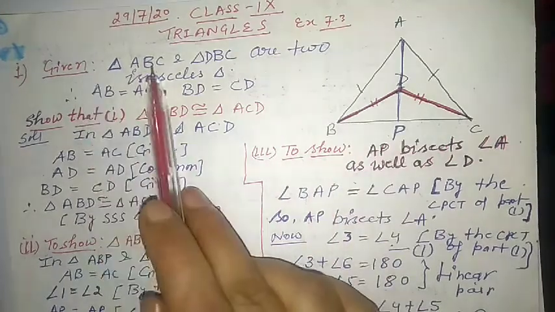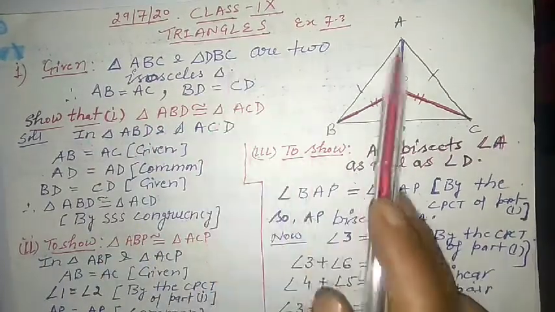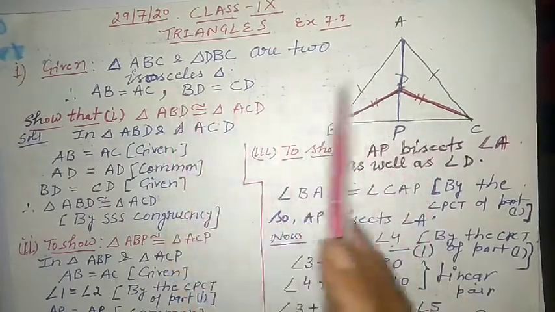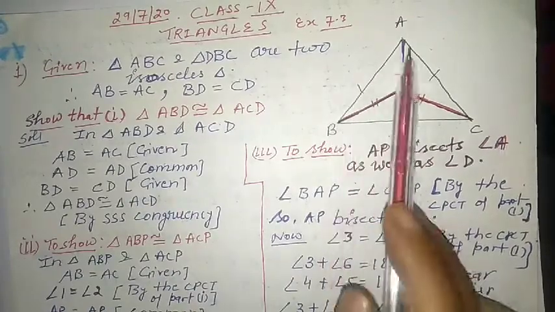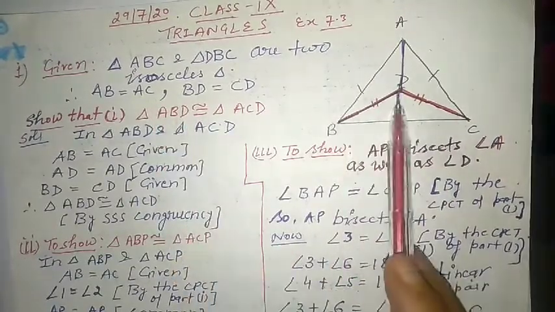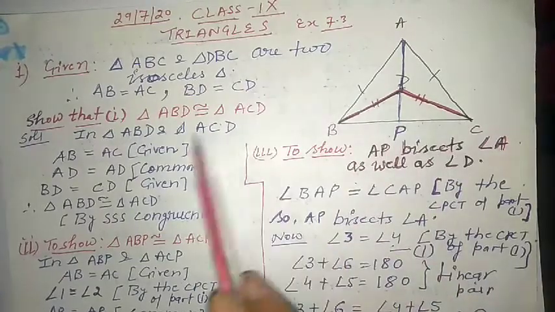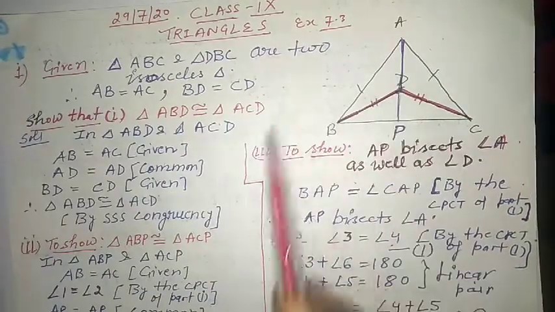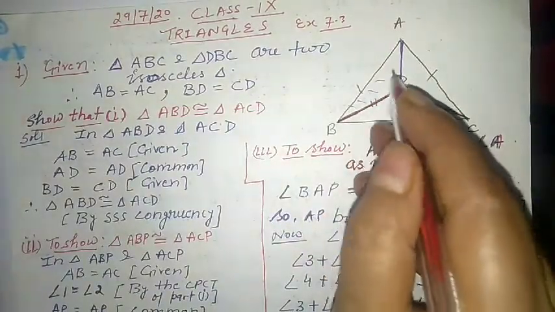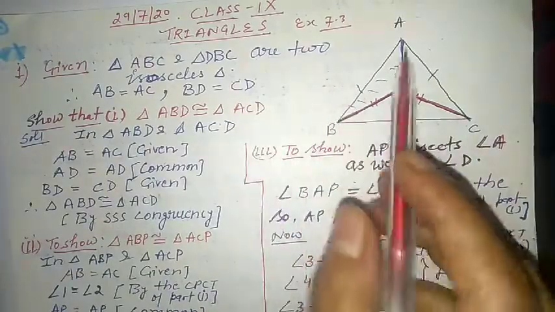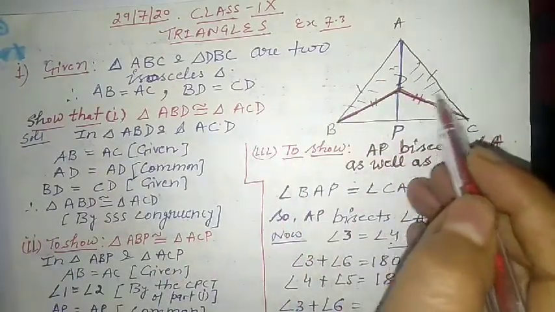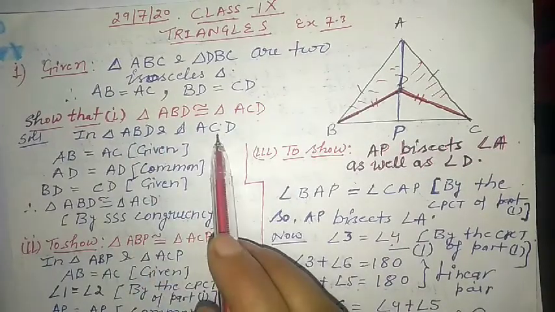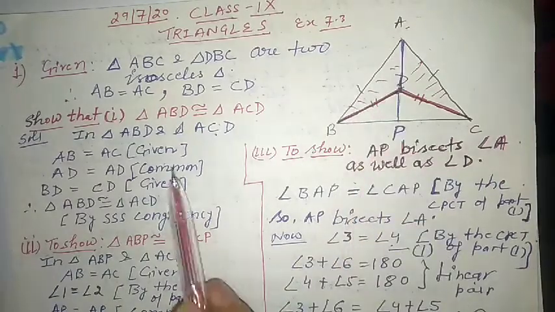Here it is given that triangle ABC and triangle DBC are two isosceles triangles, which means AB is equal to AC and BD is equal to CD. This is given here. Now the first part, we have to prove that triangle ABD and triangle ACD are congruent. So in triangle ABD and triangle ACD, AB is equal to AC, that is given.